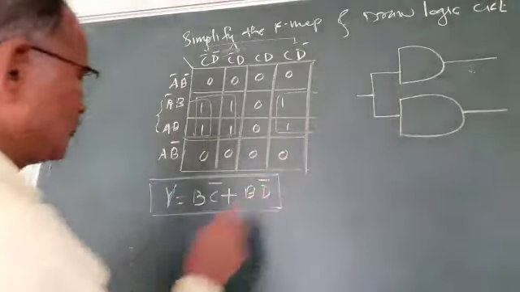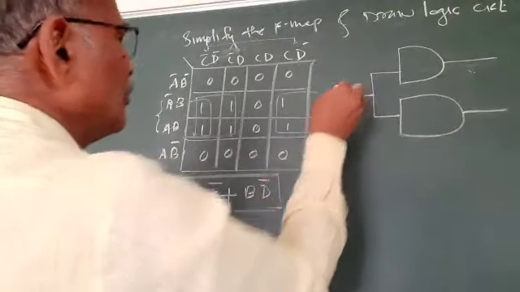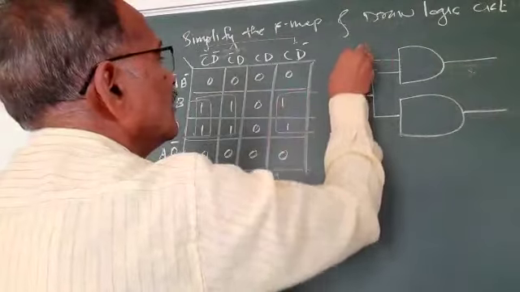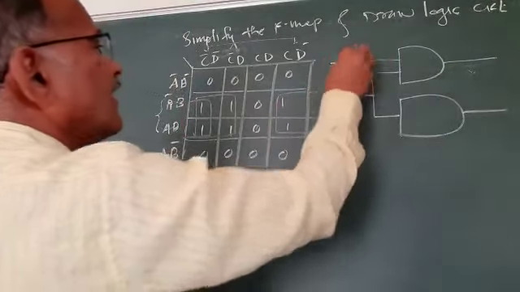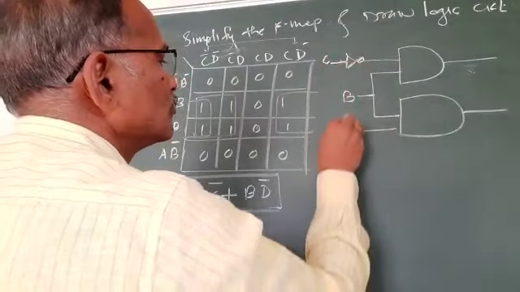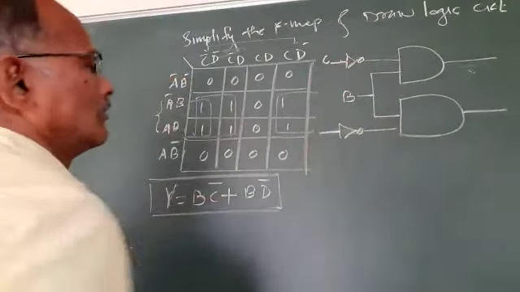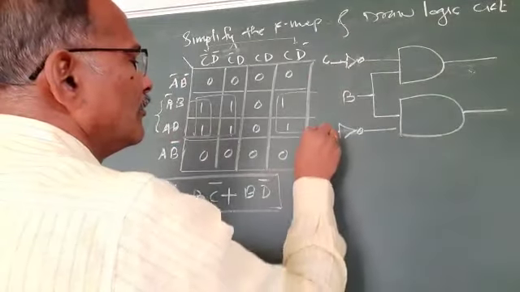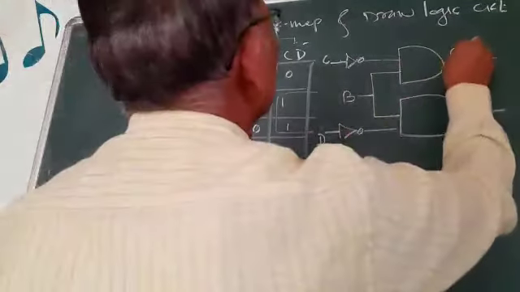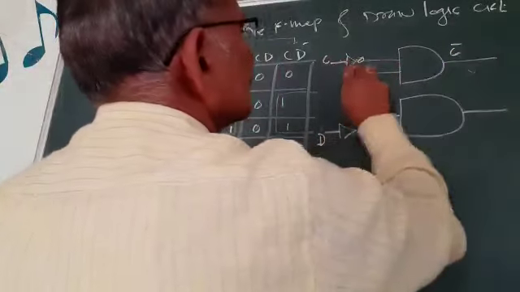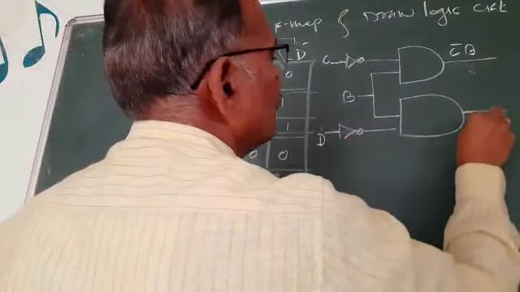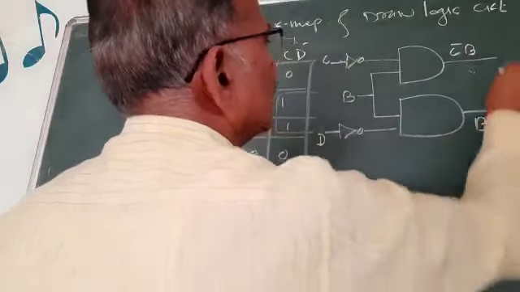So which one is common? B is common. So I will write B here. Now C bar is there, so I will introduce a NOT gate, and we have C here, and again we have to introduce the NOT gate for D. So here C bar, and this is B. So C bar B, and here B D bar, B D bar.